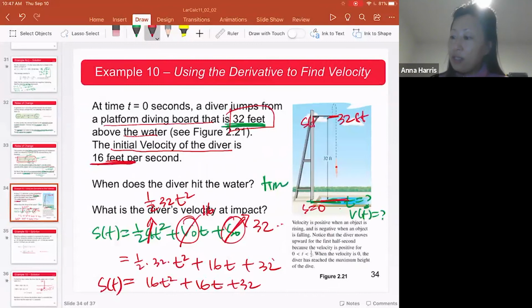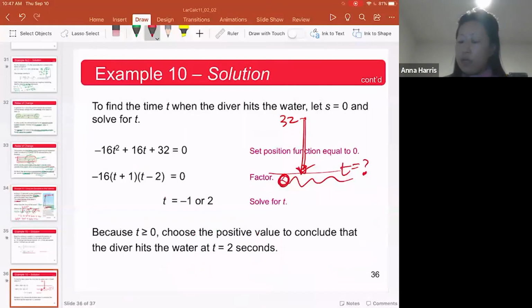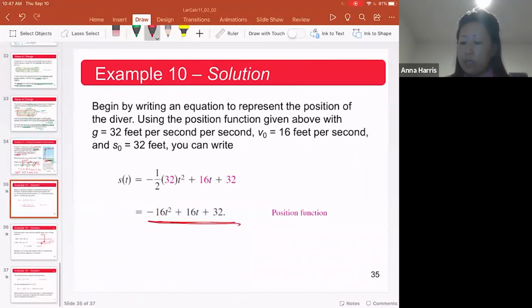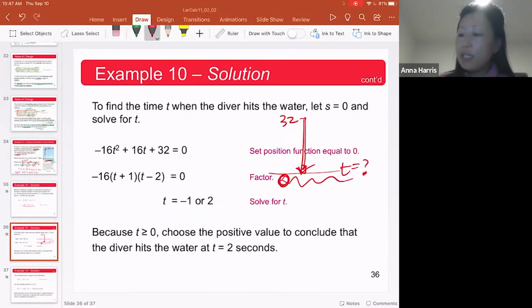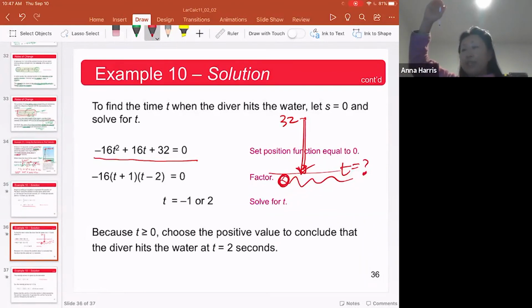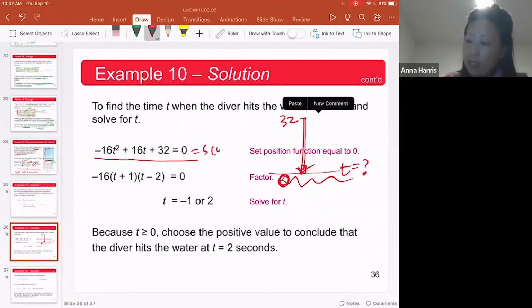Over here, this height is 32. But over here, at the bottom where the diver touches the water, the height is 0. That is why you set this equal to 0, because you know your height is 0. The height used to be 32 feet, but the diver jumped down and came down to where you touch the water. When you touch the water, you don't have any height. Height becomes 0. That's what that means.